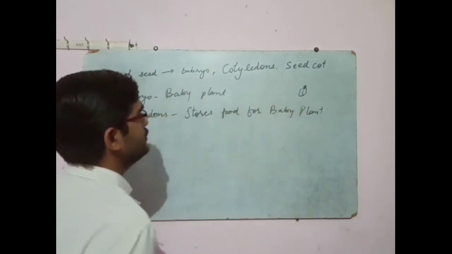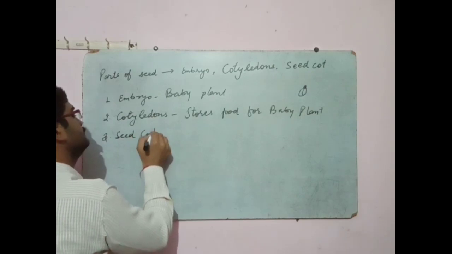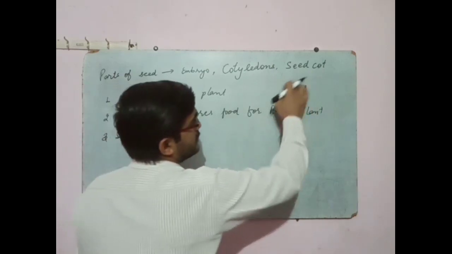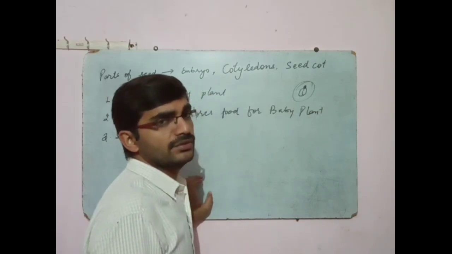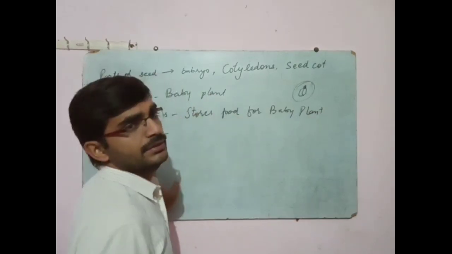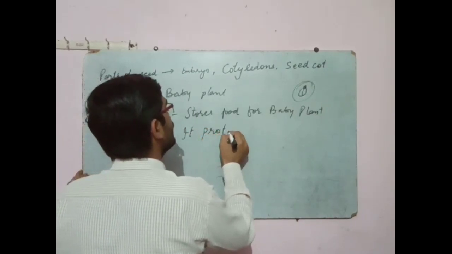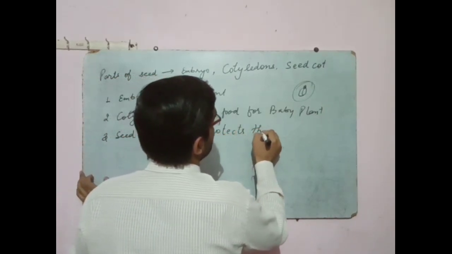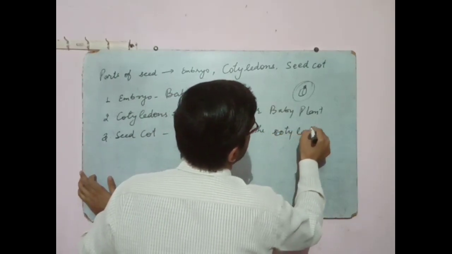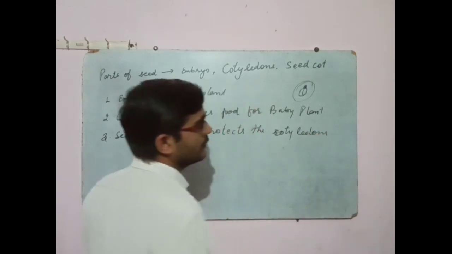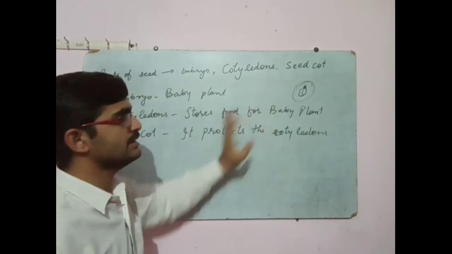And seed coat, it protects the seed. What is the function? Its function is only for the protection of the cotyledons. So this is the function of each and every part of a seed.